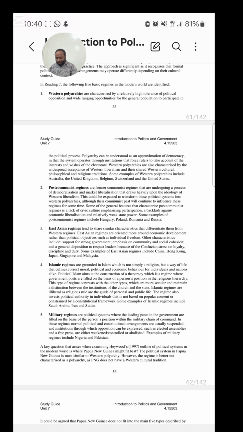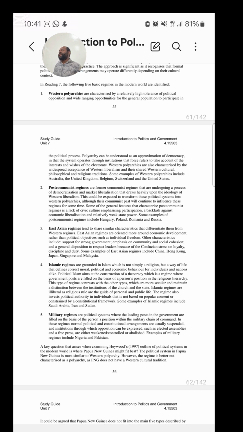view here is in the second sentence. Polyarchy can be understood as an approximation of democracy in that the system operates through institutions that force rulers to take account of the interests and wishes of the electorate. So in most Western polyarchy systems, or you can say democracies, they operate in such a way that institutions give effect to the way the rulers rule.